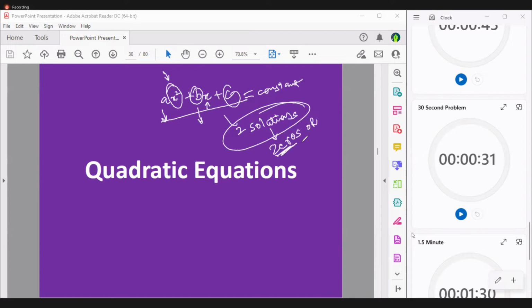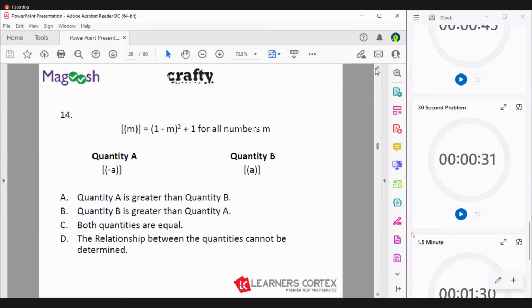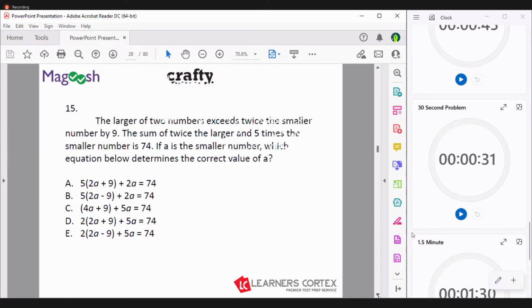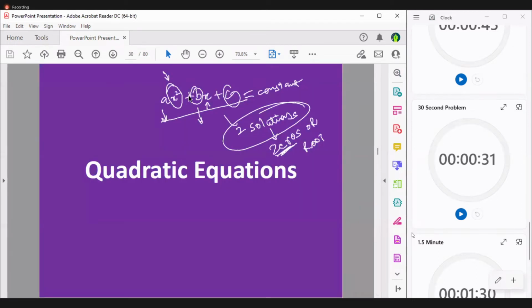So in the previous question, the 13th question, we were talking about roots. Since we got 2 answers, that is 2 roots of the equation for x, there is a way to actually take out these roots.